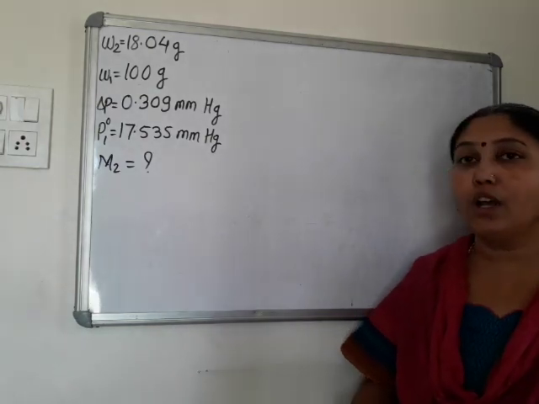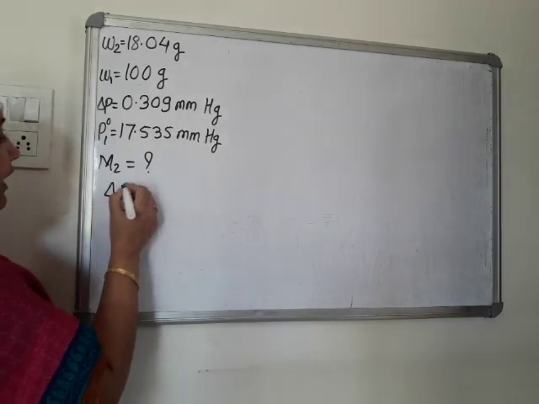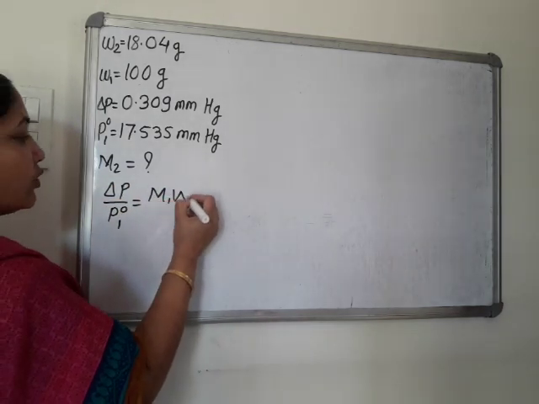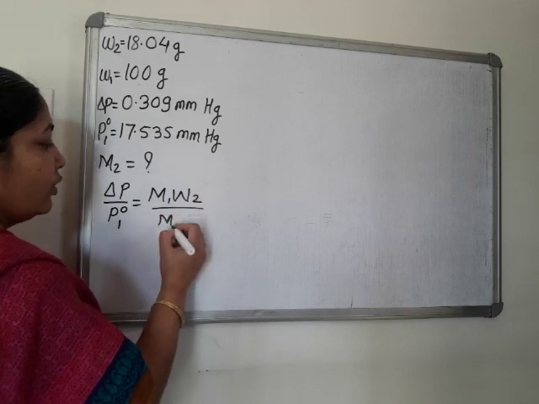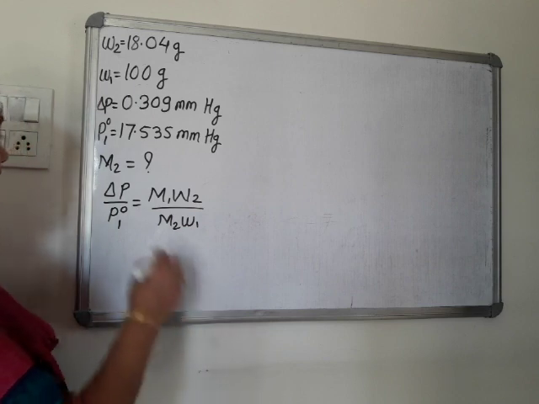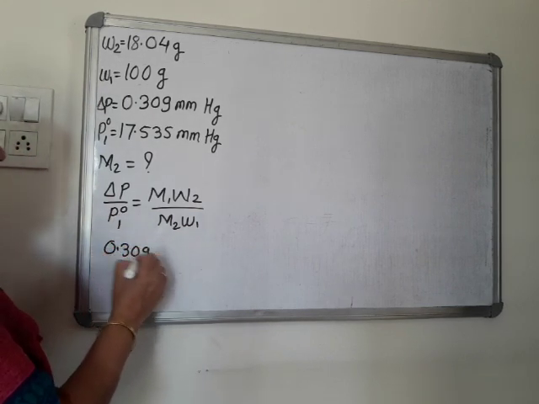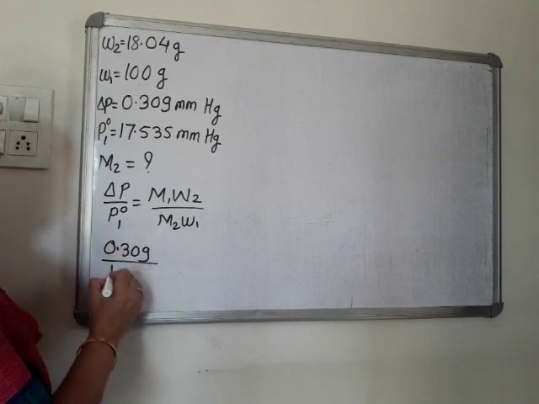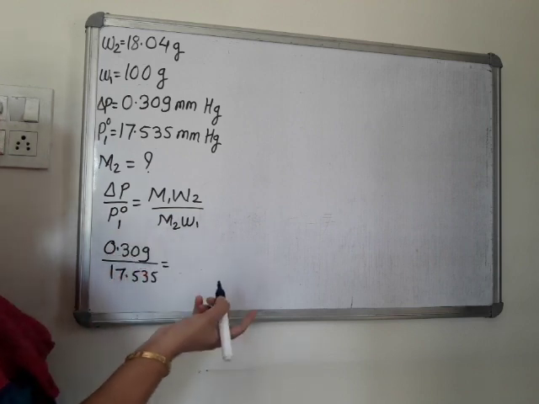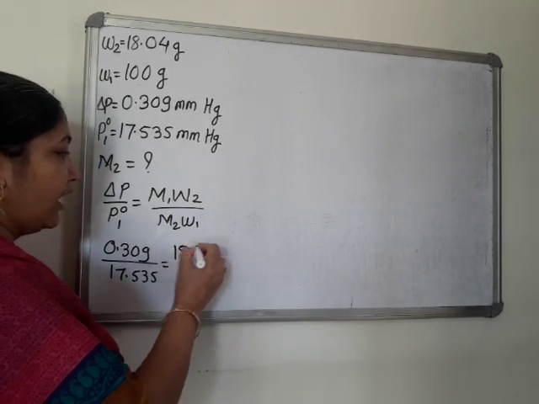So what is the formula? Relative lowering of vapor pressure: delta P upon P01 is equal to M1W2 upon M2W1. Put the values and try to solve. So delta P is 0.309, P01 is 17.535. M1, the solvent is water, so M1 for water is 18 gram.